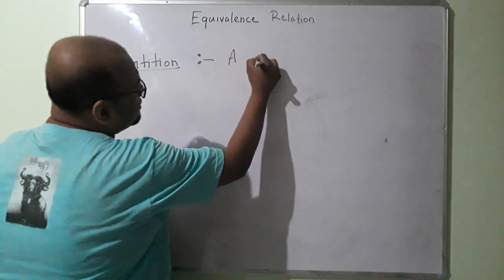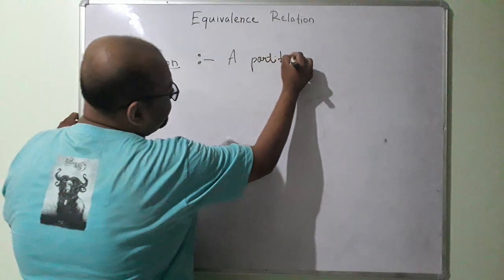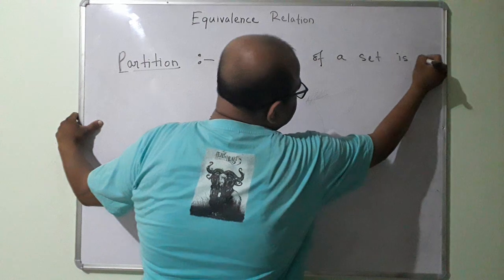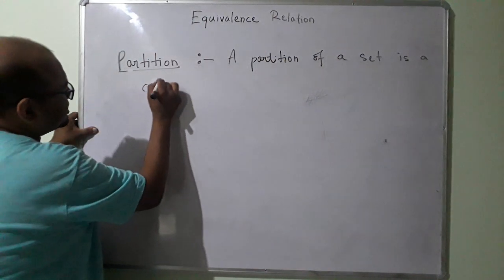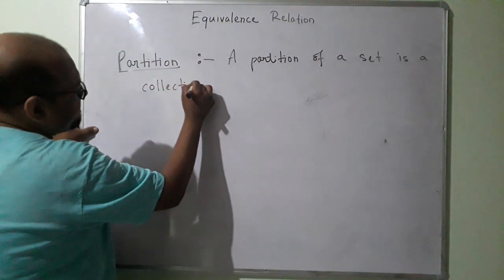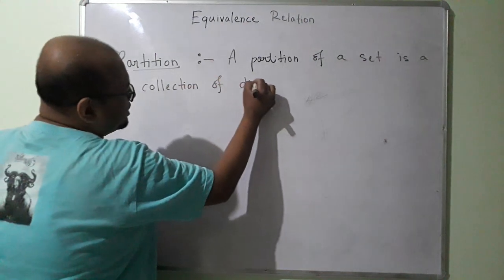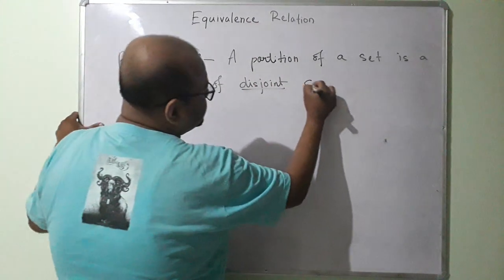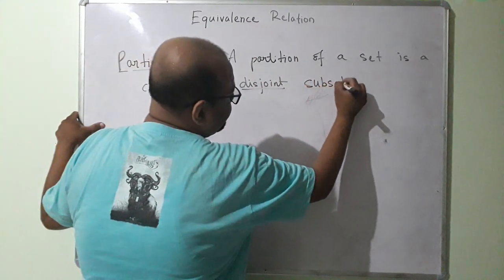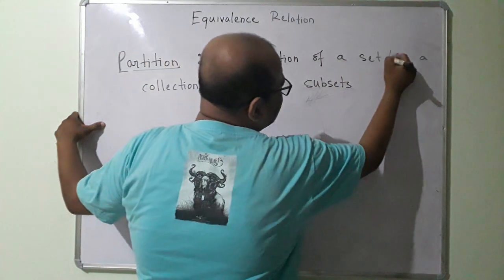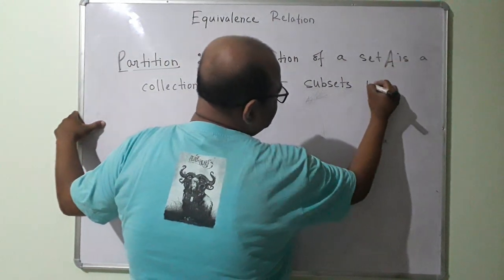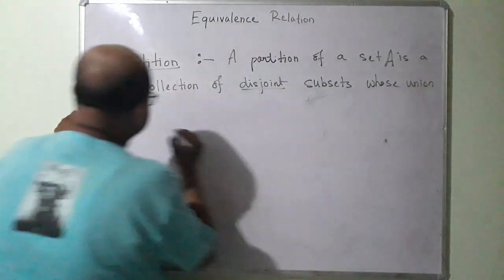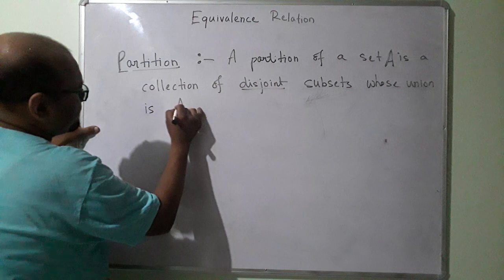A partition of a set A is a collection of disjoint subsets whose union is A.